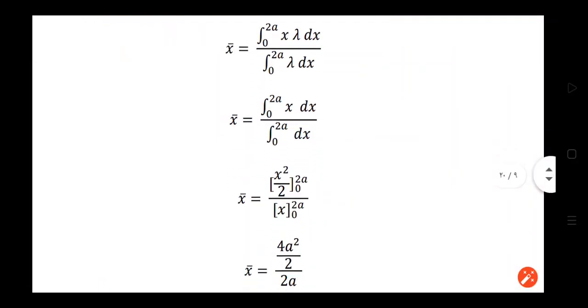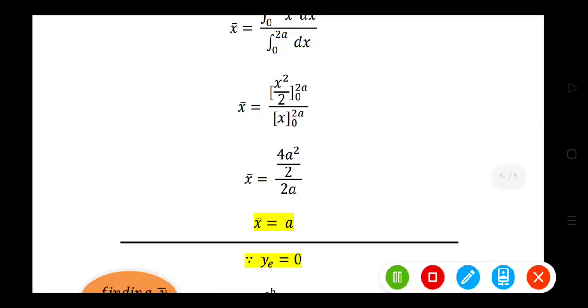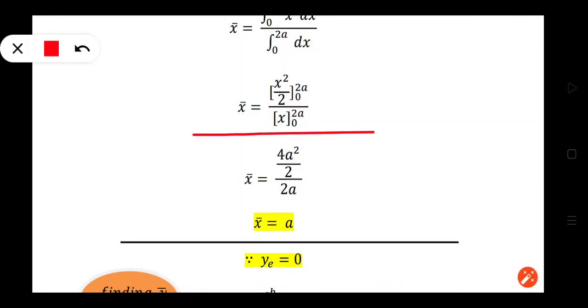Integration for x is x squared over 2 from 0 to 2a, and integration for dx is x from 0 to 2a. We put x one time by 2a and another time by 0. So it will equal 4a squared over 2 over 2a. We can find that x bar will be equal to a.